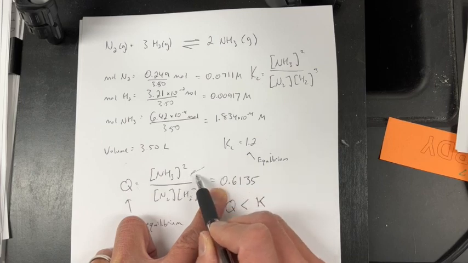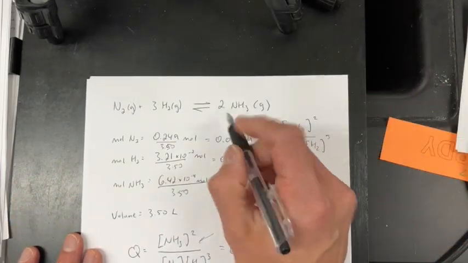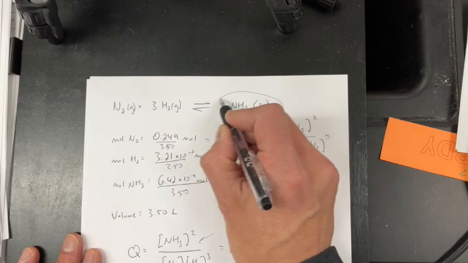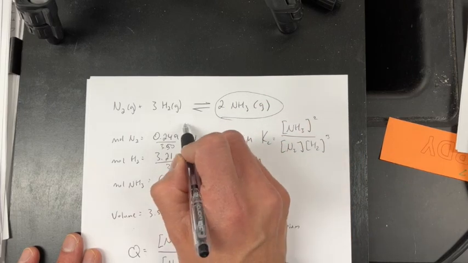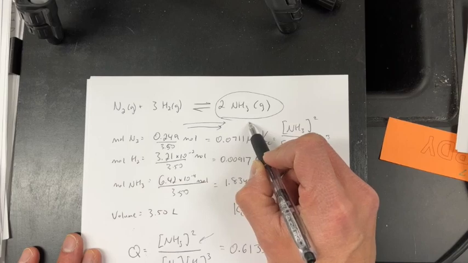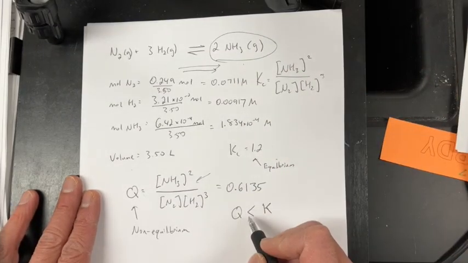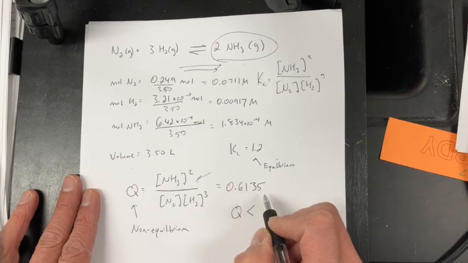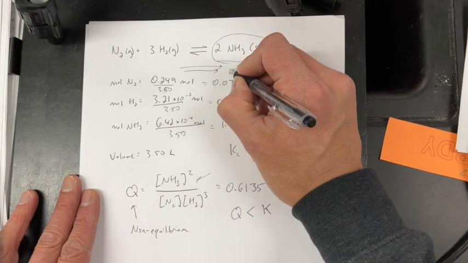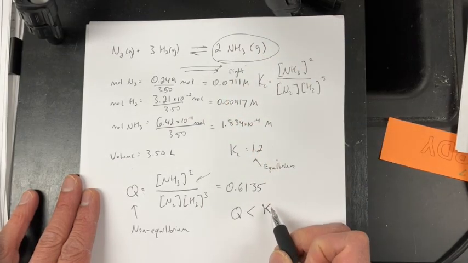Well, the numerator has to get bigger now. For the numerator to get bigger, I look at my equilibrium. That's this thing here. And that means I need more of my products. So we say that the equilibrium needs to shift to the right. Okay, so it's got to shift to the right to reach equilibrium.